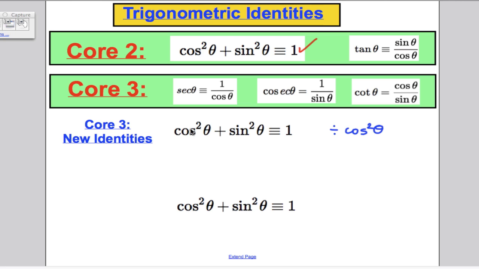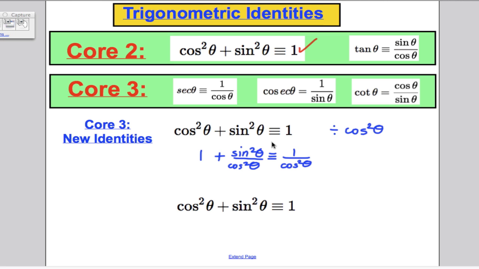Cos squared theta divided by cos squared theta would be 1. And you'd get sine squared theta divided by cos squared theta, and you get this is identical to 1 over cos squared theta.